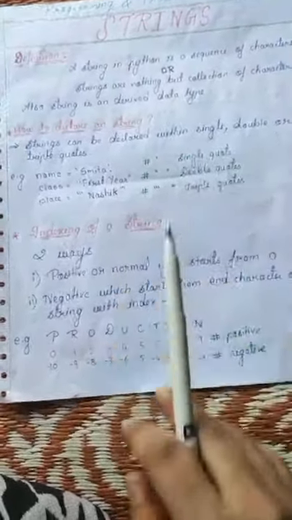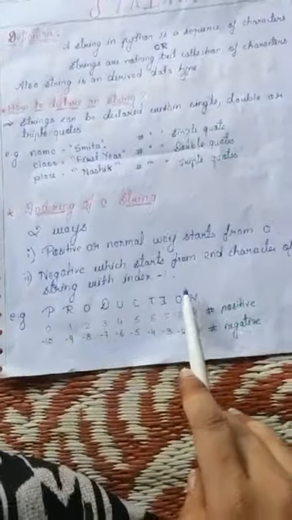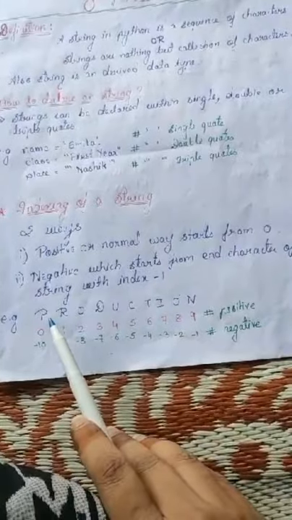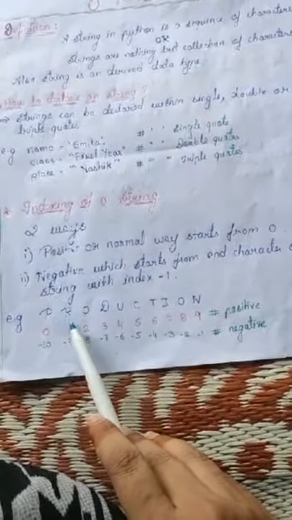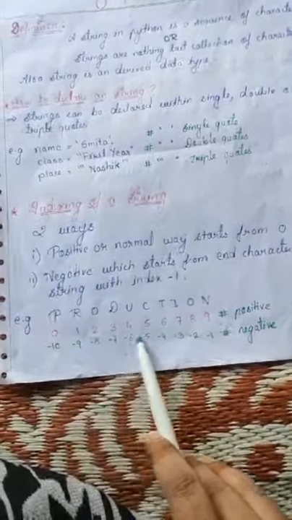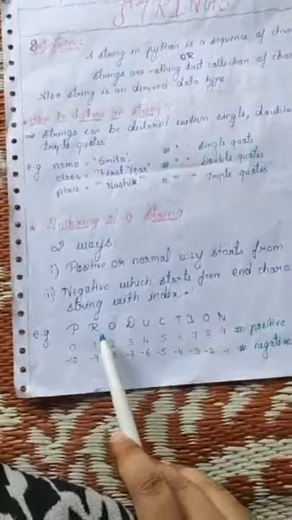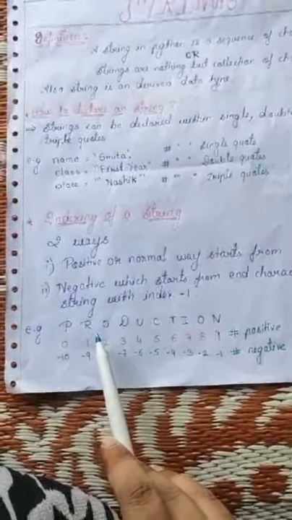For example, here I have given some example. This production is nothing but a single string. So this particular character of a string can be referenced or found by using these indexes or indices. There are two ways in which we can give indexing to a string.